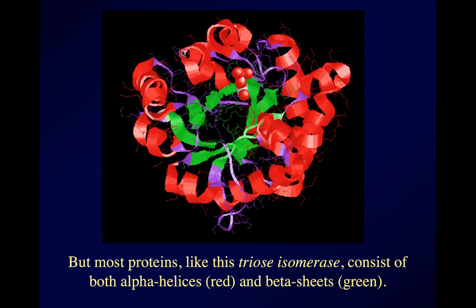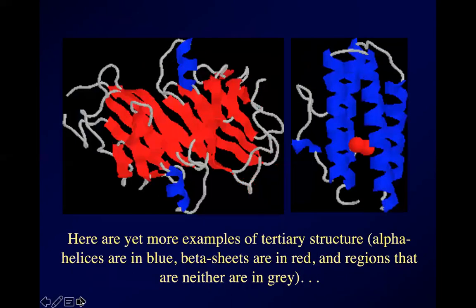So the way we know that proteins have these shapes is basically by doing an awful lot of X-ray crystallography. Here's some more examples. In these pictures, the alpha helices have been coded in blue, beta sheets are in red, and then the gray stuff that looks like wire represents parts of the amino acid chain that are neither alpha helix nor beta sheet.